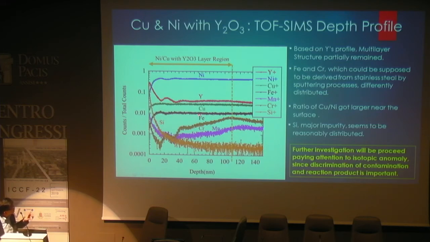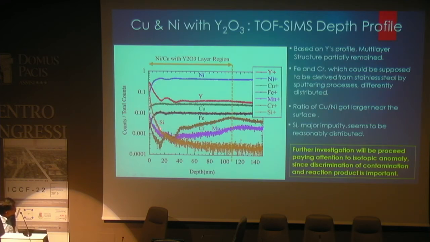Iron is here, and chromium is here. Usually iron and chromium could be supposed to be derived from stainless steel by the sputtering process, but the distribution is greatly different. And also, we can notice that the ratio of copper to nickel on the surface is low, and many other things.